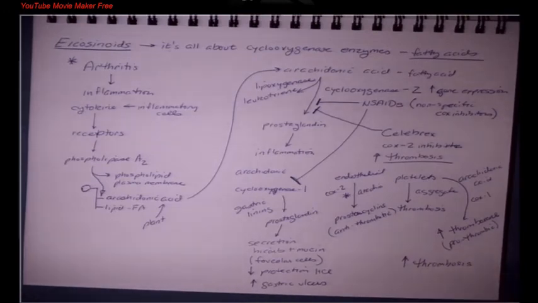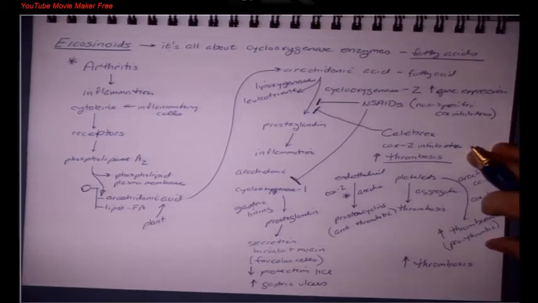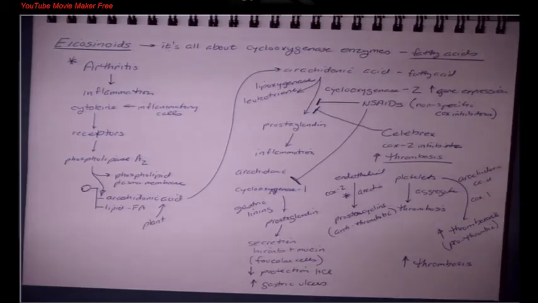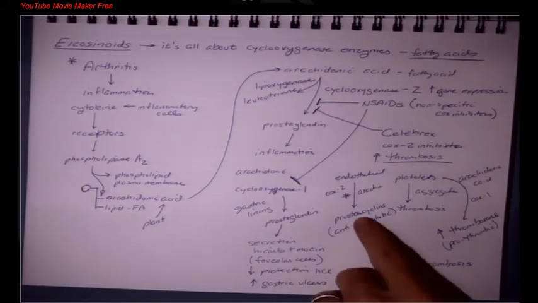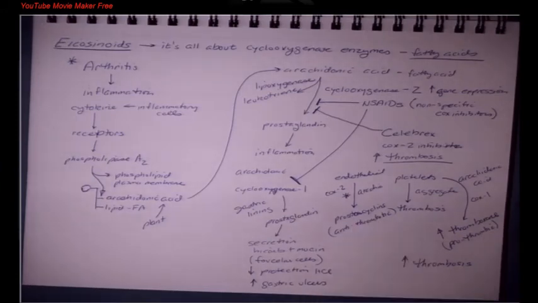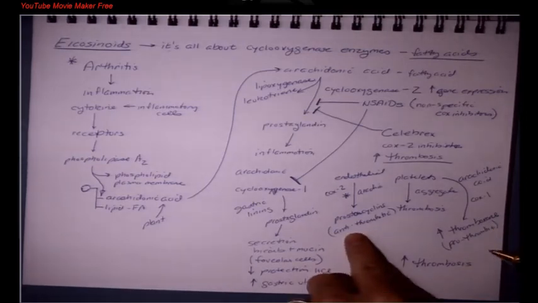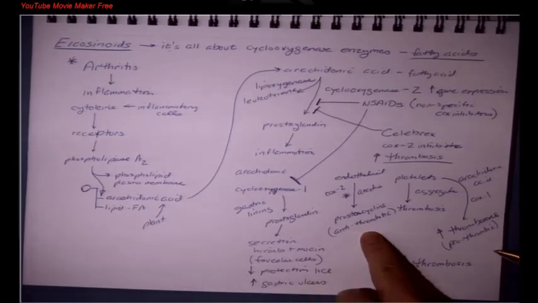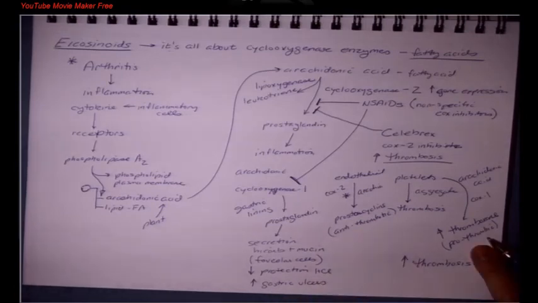So what the cyclooxygenase 2 inhibitors are simply doing is tipping the balance. Normally we have prostacyclins and thromboxanes working together to control thrombosis. But if we start taking away the protective function of prostacyclin and allow the thromboxane activity to be unchecked, now we have risk for thrombotic disease.